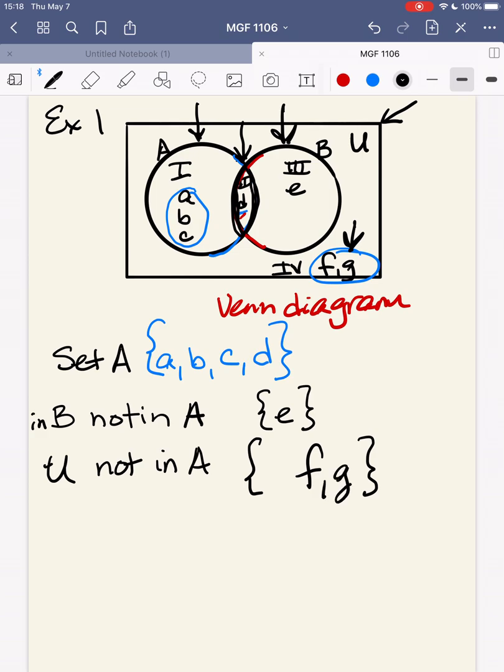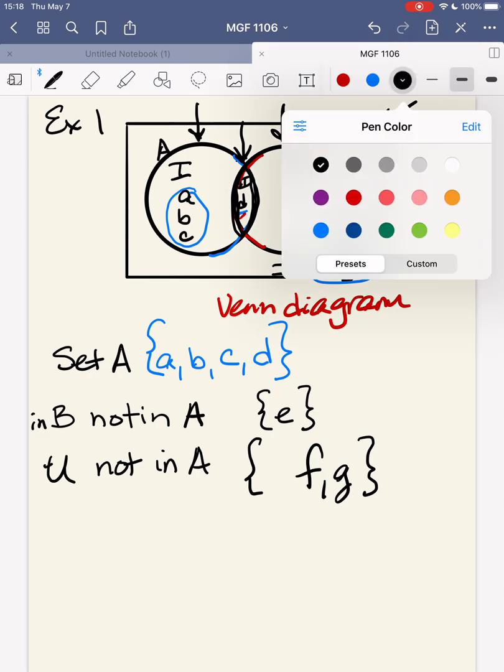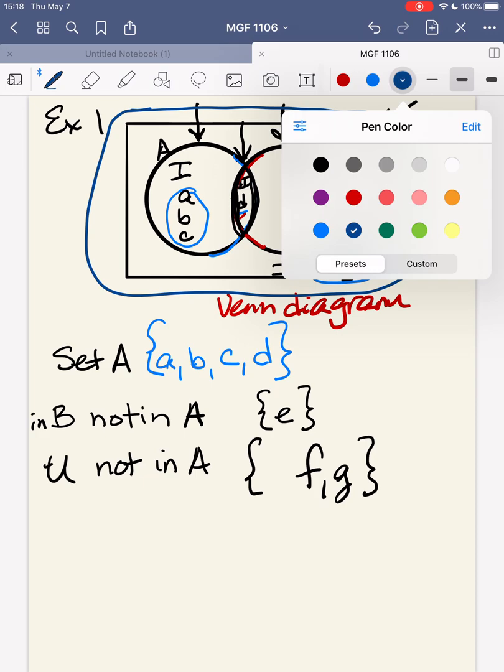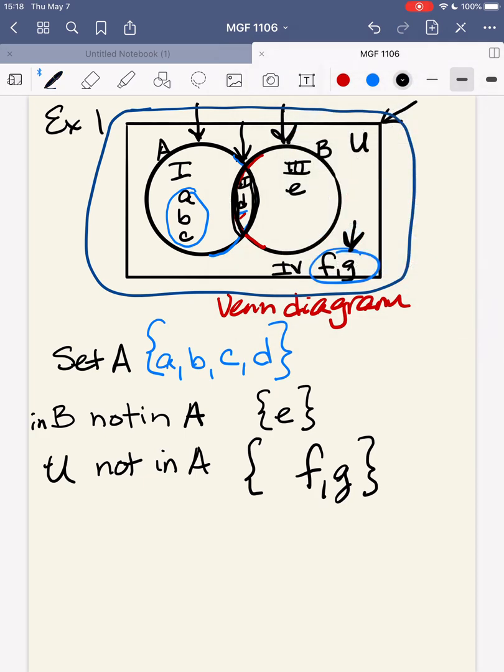But also remember, everything that's in this box, everything in this box here, in this Venn diagram, is part of the universe. Okay? So F and G are not in A, but also anything that's only in B is also not in A. So E is also a part of that. Everything that's in the box belongs to the universe. So we're looking at everything that's just not in A.